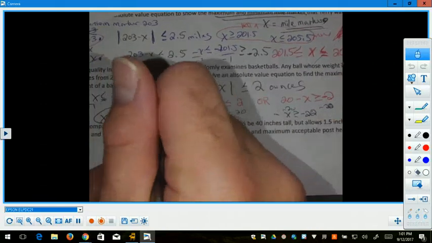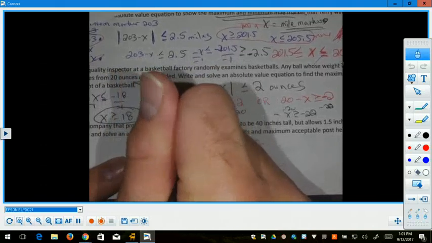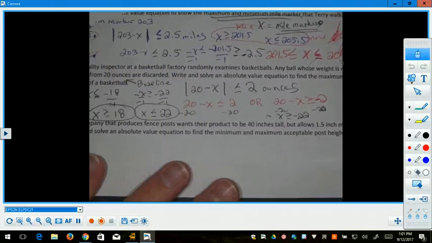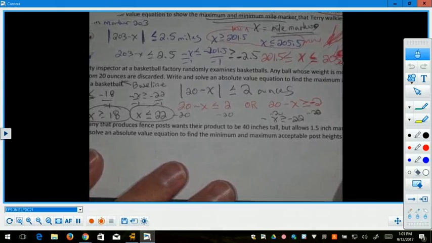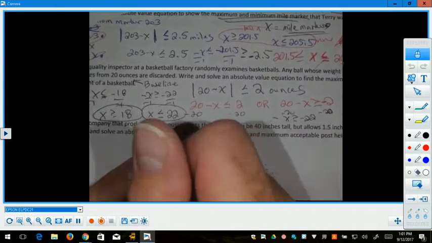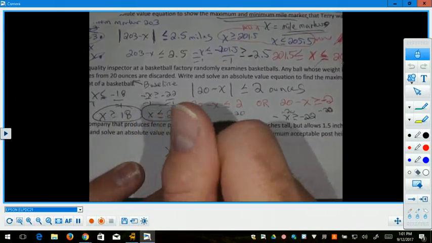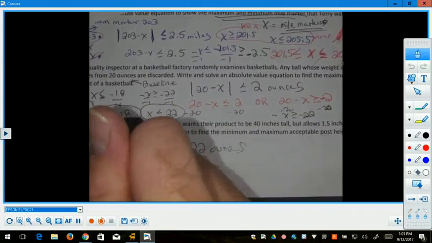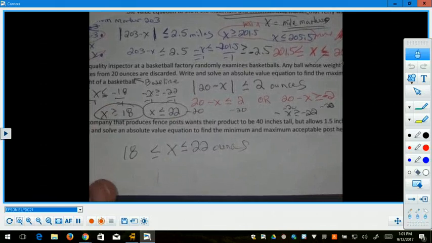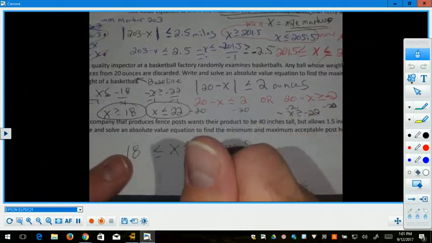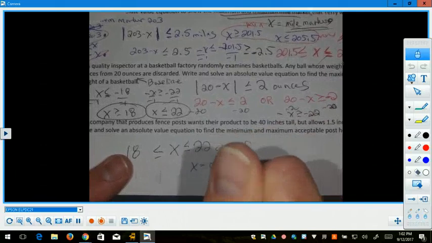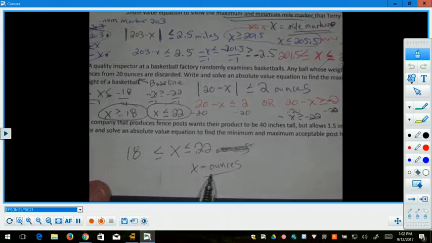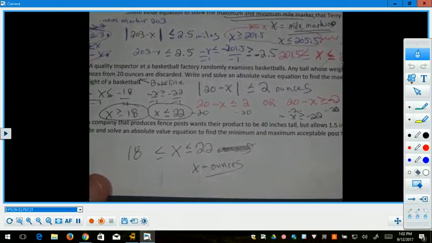When you divide by negative 1, you get x is less than or equal to 22. So our final answer for this one, and I'll write it underneath so we can see it, x is less than or equal to 22 ounces and greater than or equal to 18. We don't have to write ounces if we've written where x equals ounces, as long as we label what x is standing for.